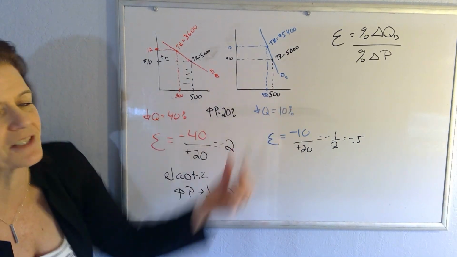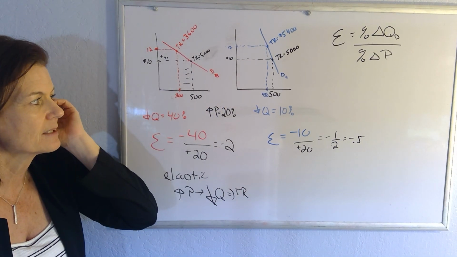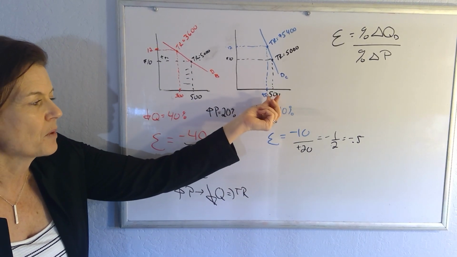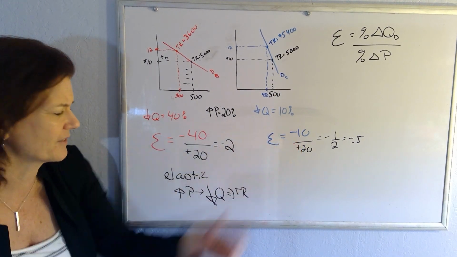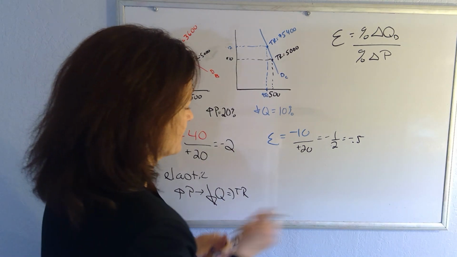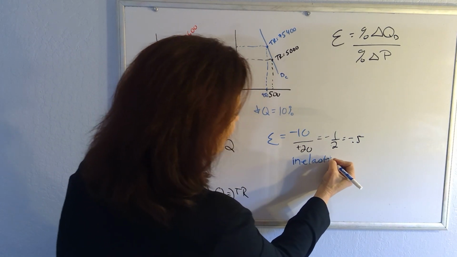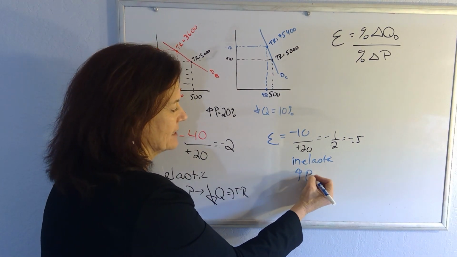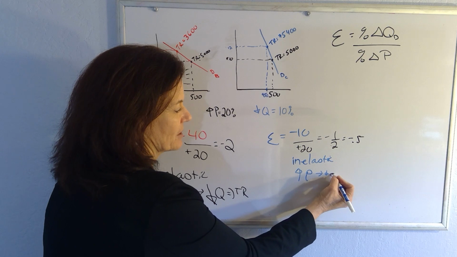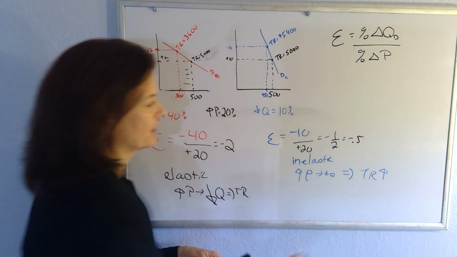What's happening to quantity is only half as big as what's happening to price. And so, yeah, you raise your price and you lose quantity, but you lose so much less quantity. Quantity is not very responsive. Demand is fairly inelastic, not very responsive. And so I raise my price and quantity doesn't fall very much at all. And so my total revenue goes up.